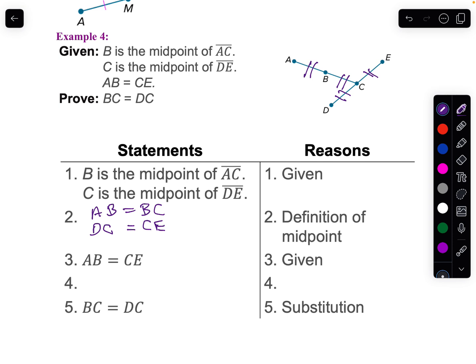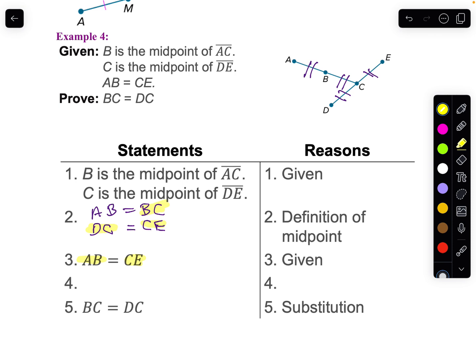So now I can say, start from the beginning. AB is equal to CE. I know CE is equal to DC. So I could say AB is equal to DC. Well, and AB equals BC, doesn't it? I actually could say a whole bunch of them.